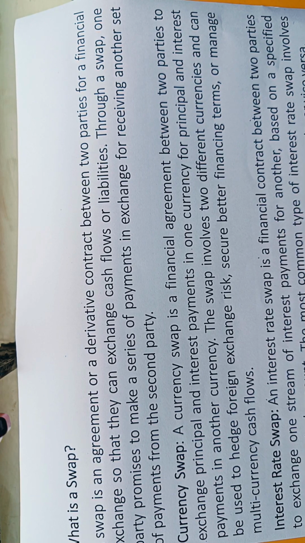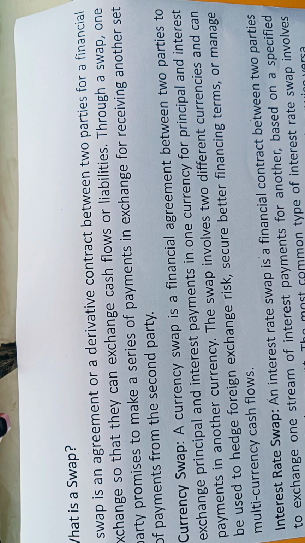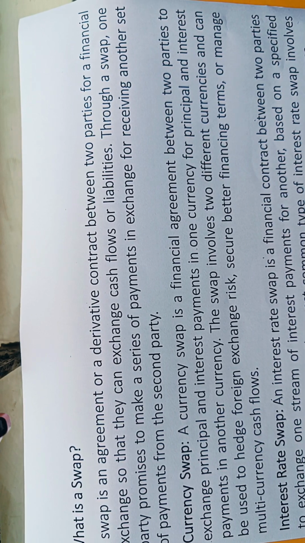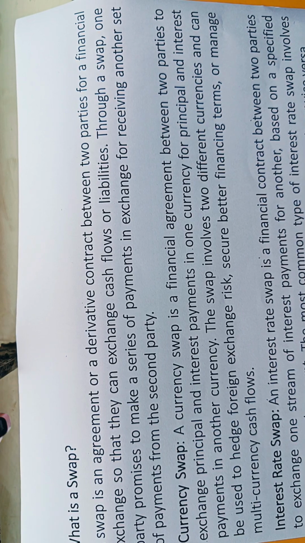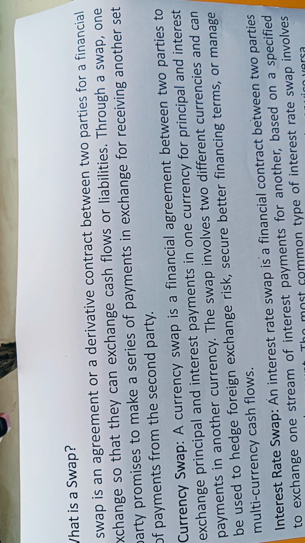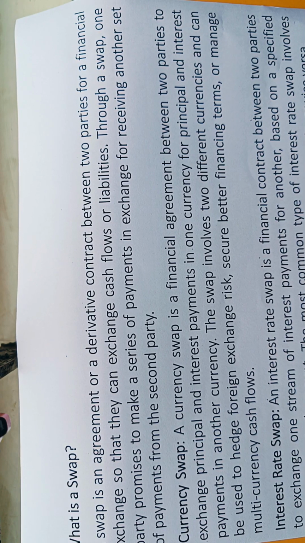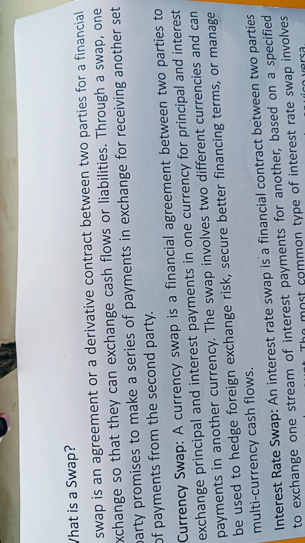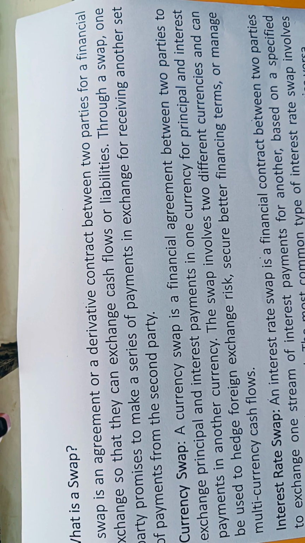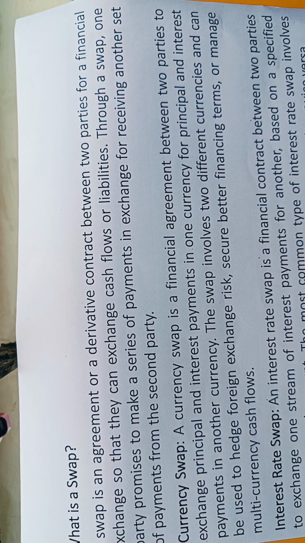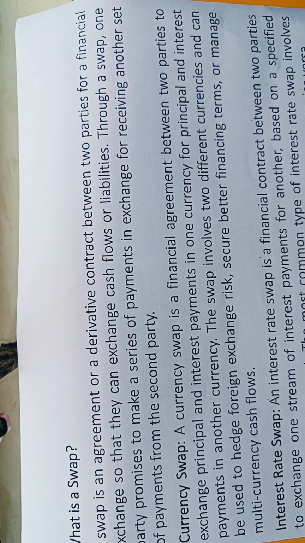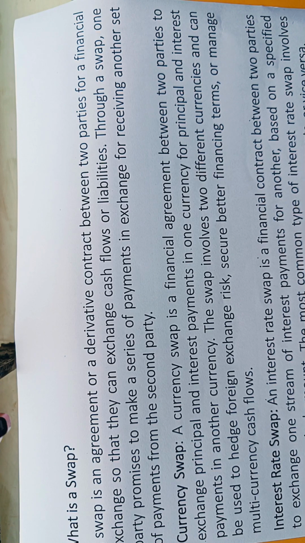In my example of two companies A and B with a 10 lakh rupee loan, they come to a financial agreement between two parties and exchange currency and interest rate with another currency. One country is exchanging the principal amount plus interest of another country. Both are exchanging.